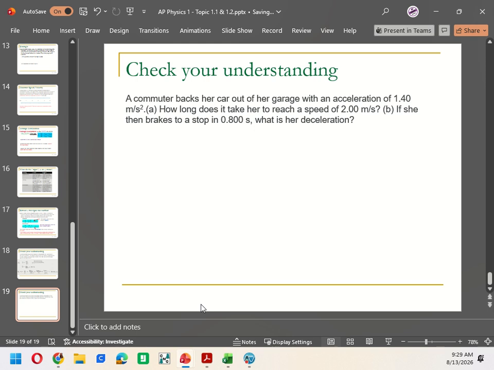The variable that we're looking for is t. I'm going to do a little bit of algebra here. I'm going to try and isolate the t, so I want to get t by itself. Where's t currently? It's right here in the bottom, isn't it? So I need to multiply both sides of my equation by t. So I have a t is equal to v.